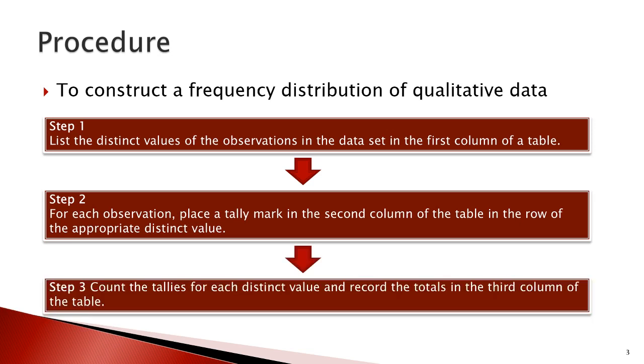And the final step is to count the tallies for each distinct value and record the totals in the third column of the table. I know this procedure looks a little bit complicated, but once we go through an example in the next slide, you will see that it's very easy to build a frequency distribution.